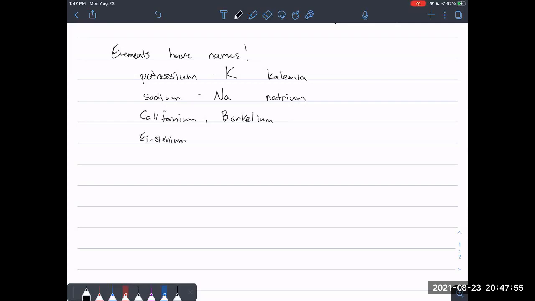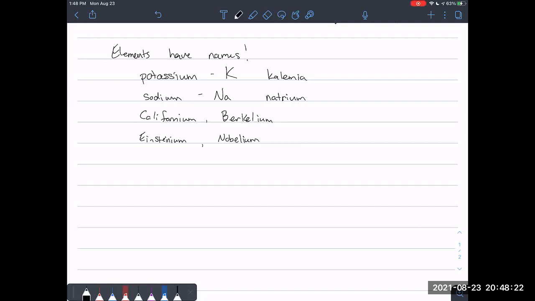Einsteinium or Nobelium. Einsteinium, named after Albert Einstein, and Nobelium, named after Alfred Nobel. Does anyone know what Alfred Nobel was known for?